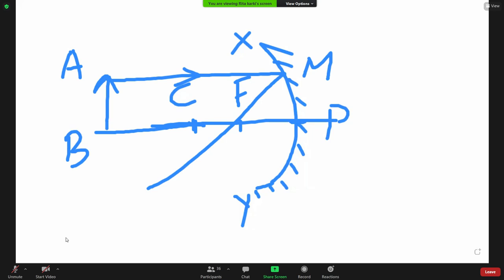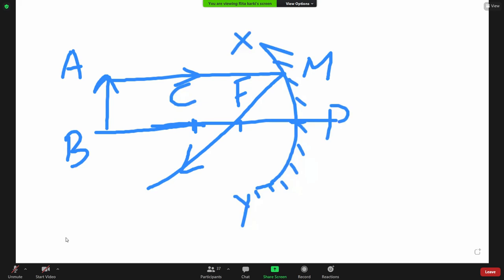If we place the object beyond the center of curvature, the incident ray of light will always be parallel to the principal axis, and when it strikes the reflecting surface of a concave mirror, the reflected ray of light will always pass through the principal focus.